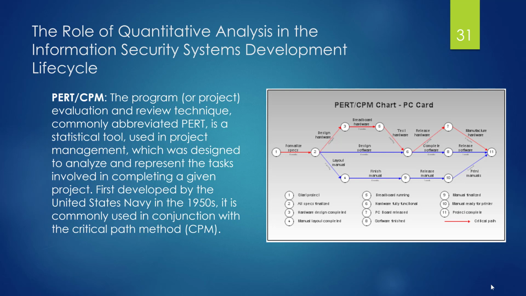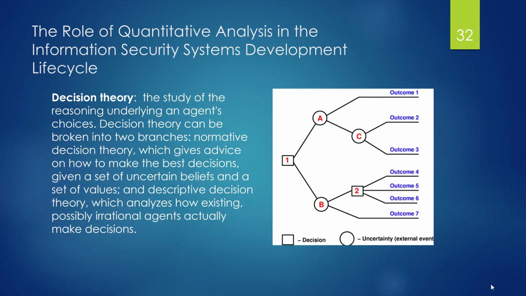If you can shorten that longest path, you can shorten the overall project. Again, this is another quantitative approach that is commonly used, and this paper uses it along with queuing theory and linear programming and a couple of other approaches to look at information security.